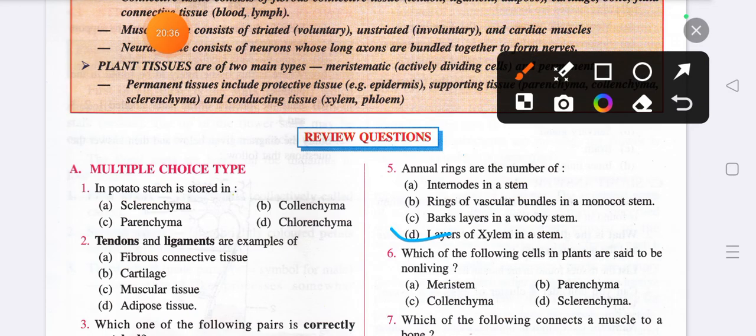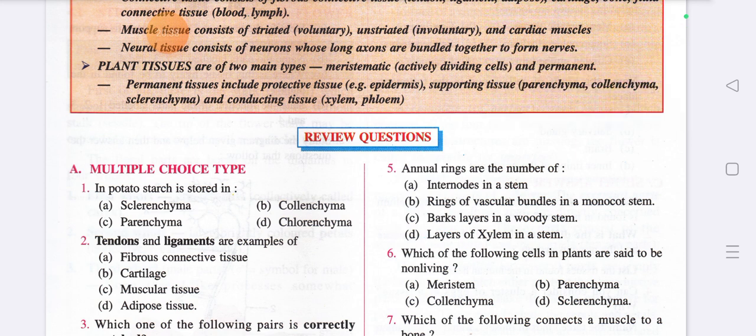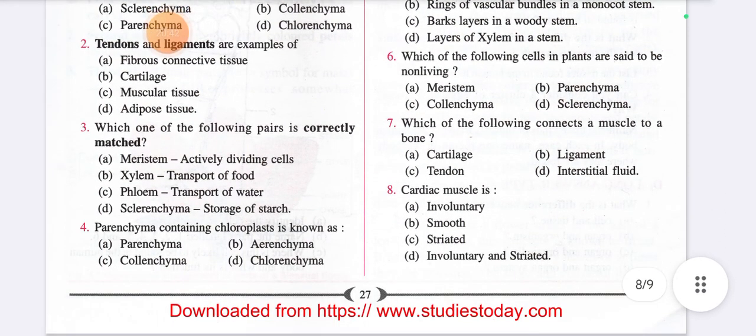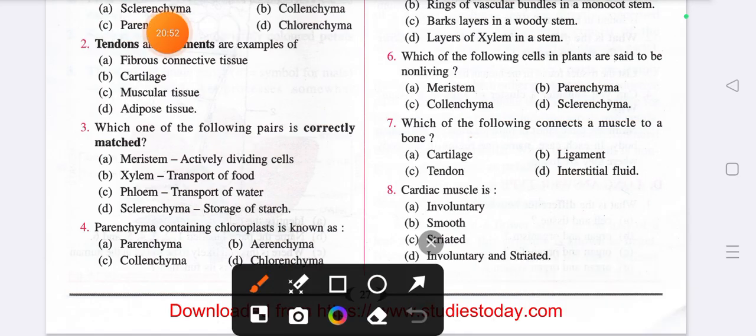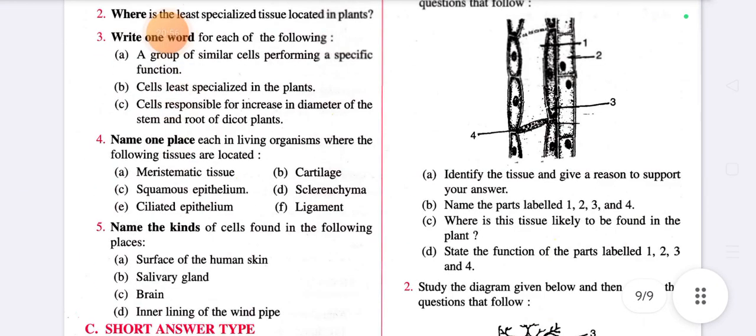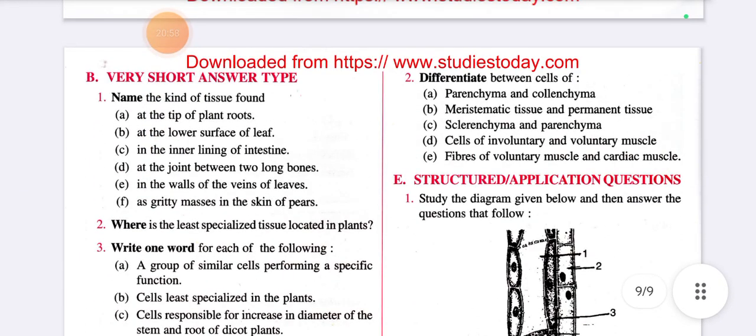Option D. Which of the following cells in plants are said to be non-living? This, sclerenchyma. Option D. Which of the following connects the muscle to bone? Muscle to bone, this is ligament. Yes. Okay. Cardiac muscle is involuntary. Name the kind of tissue found at the tip of plant: apical meristem.